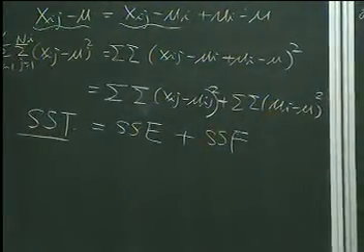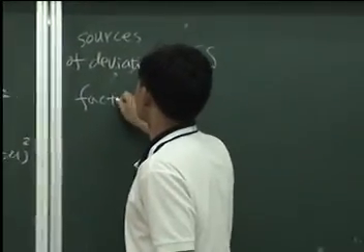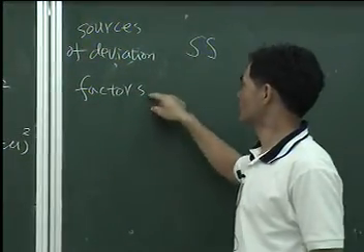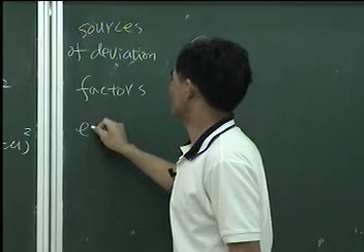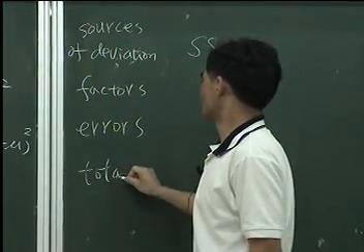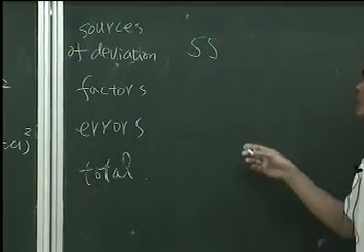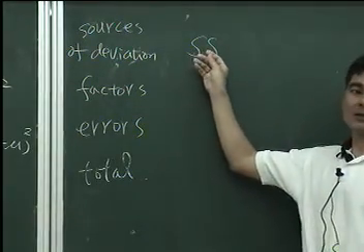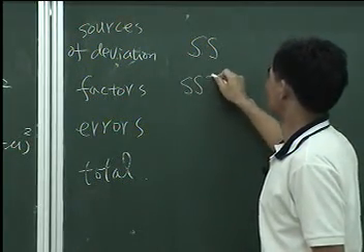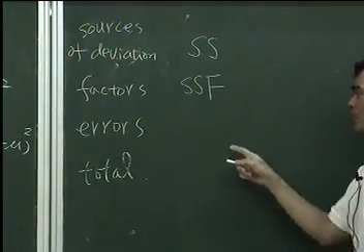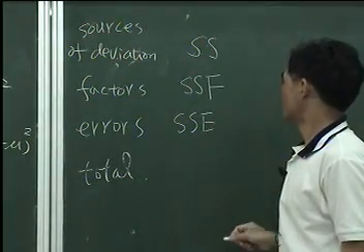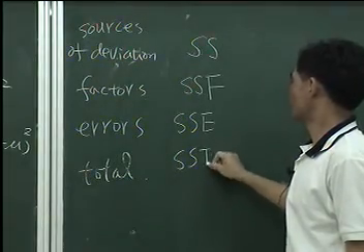If it is due to factors, it is listed here, and due to errors, and this is the total deviation. So here you put in sum of square factor, here sum of square error, and here sum of square total.